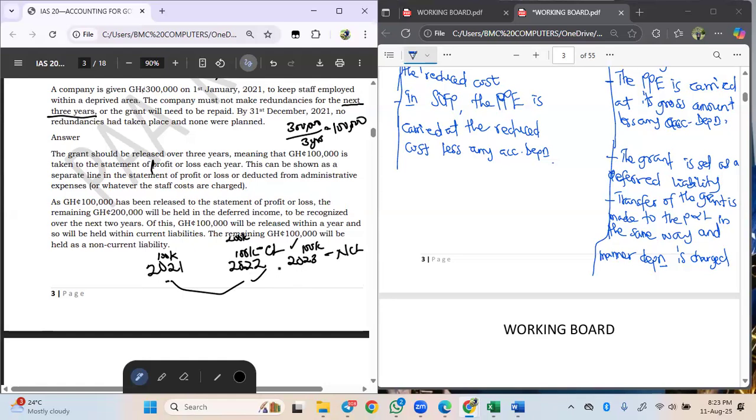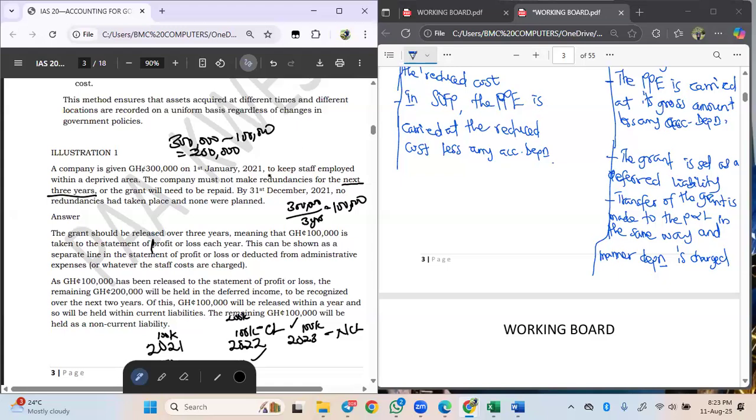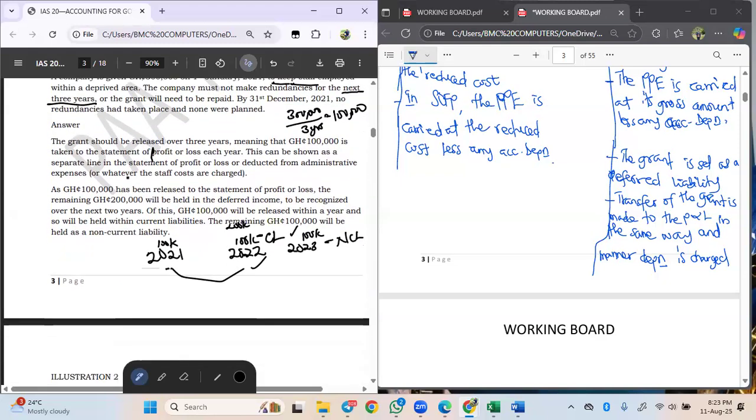But if you are using the other approach, you can just deduct it from the cost of that particular revenue grant. Okay. So this one is to keep staff employed within a deprived area. So this is a revenue grant. So this one you can use the deduction approach or the deferred one.